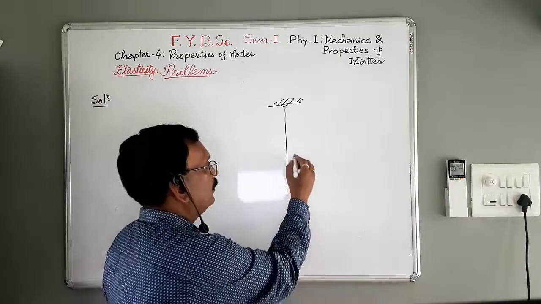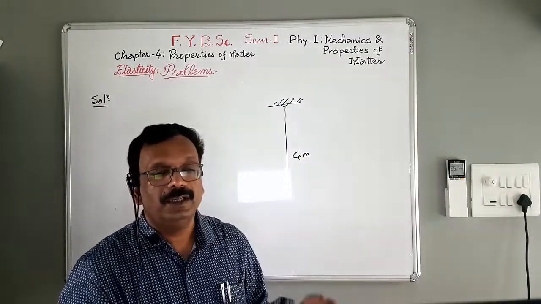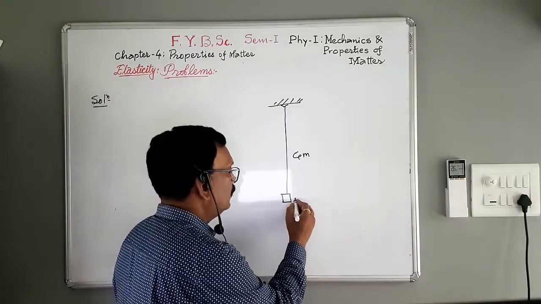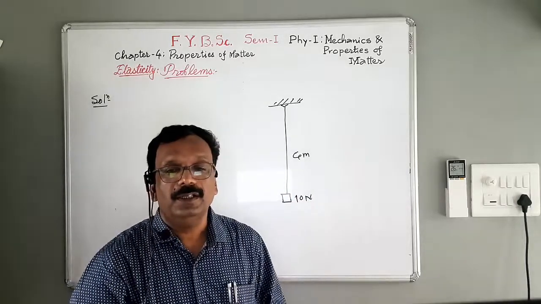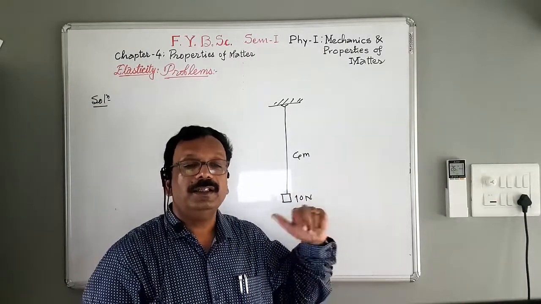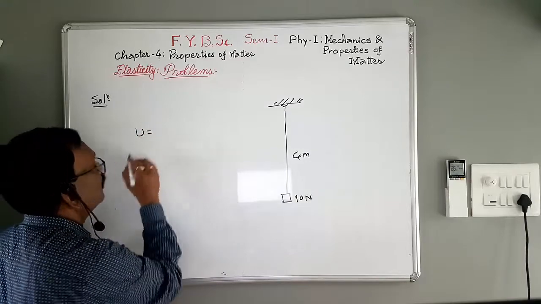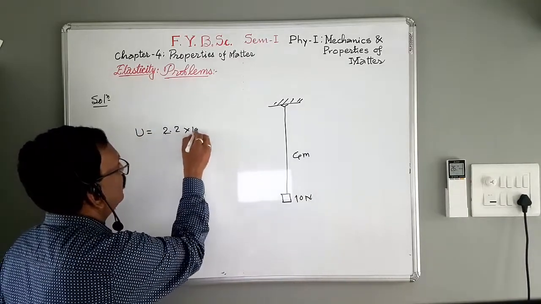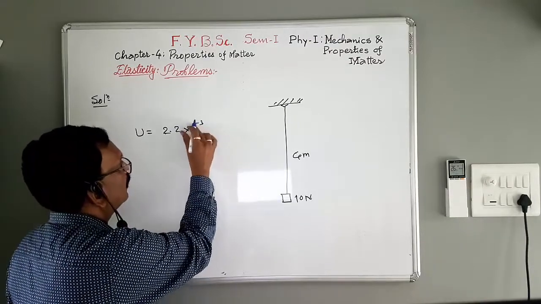The length of the wire is 4 meter and it is acted upon by a force of 10 Newton. We apply the load of 10 Newton. Calculate the strain produced in the wire if the energy stored in the wire is 2.2 into 10 raised to minus 3 joule.